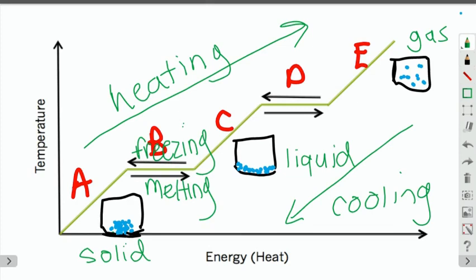Going from a liquid to a gas would be evaporation. And going from a gas to a liquid would be condensation. We just went over those definitions. I'll make that a little bit clearer. Condensation.